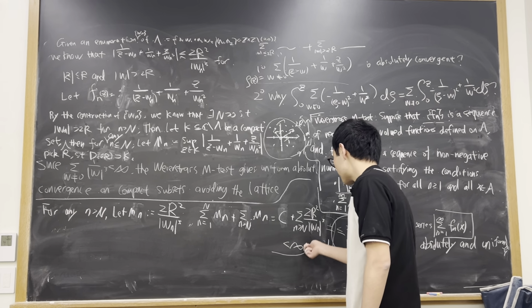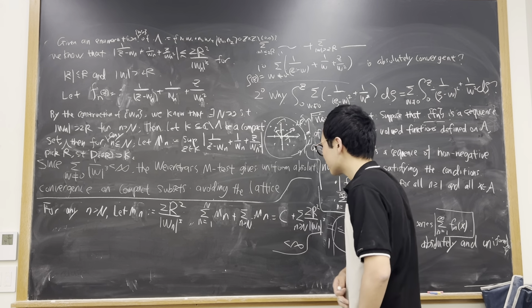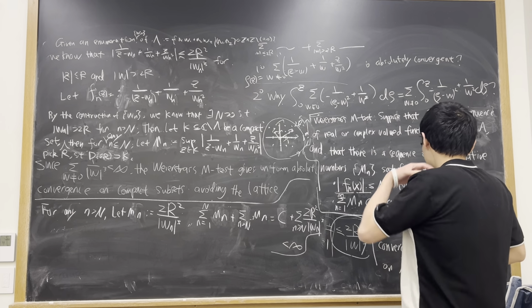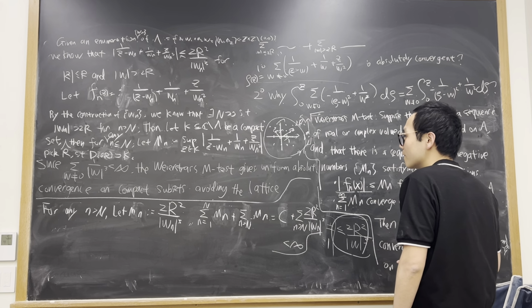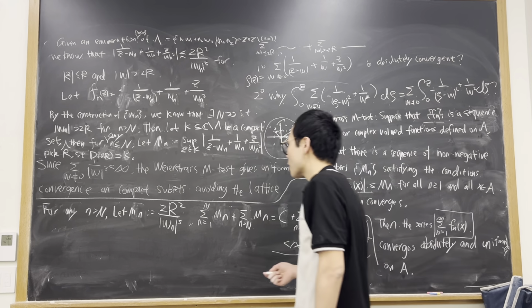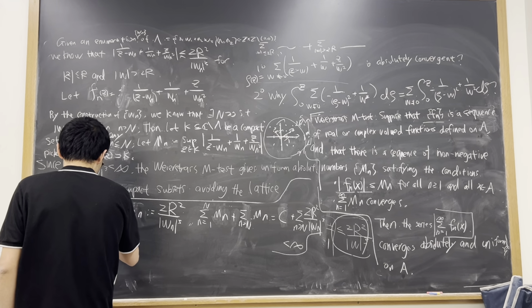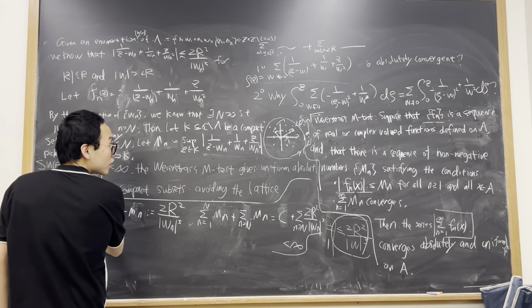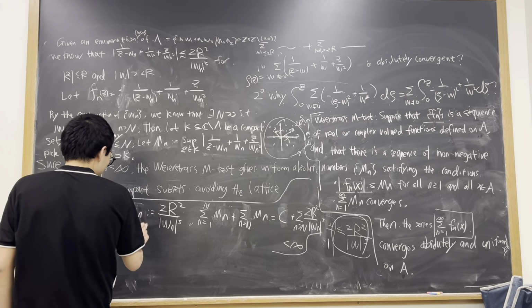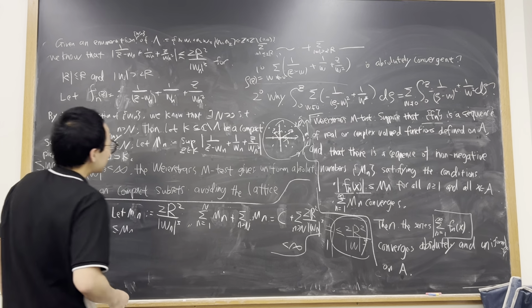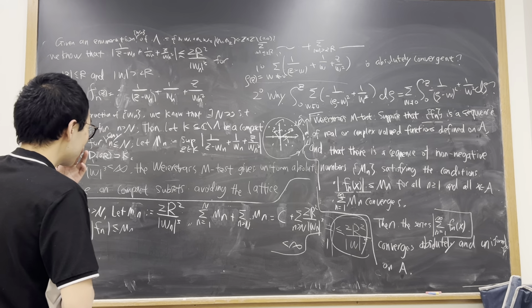So in this case we show that this is a finite sum, and also we know that this Fn is of course less than or equal to Mn for n large.